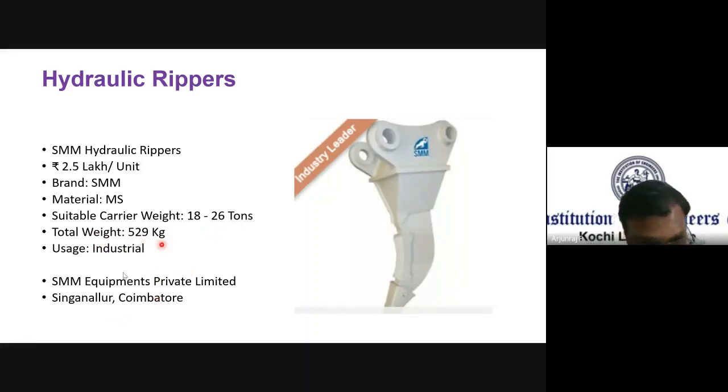This is mostly used for industrial application. You can find this company is good for hydraulic ripper manufacturing. This place is called Coimbatore in Tamil Nadu, Singanallur. The company name is SMM Equipments Private Limited.